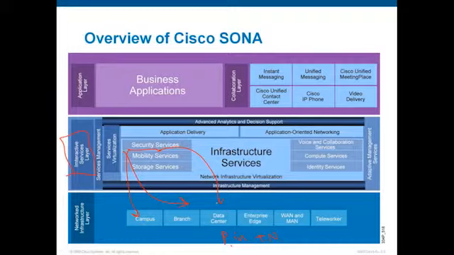Now, of course, we're talking about enterprise networks, and those run business applications. And so our last layer is that of business functions, which decouples the services of the network from the actual functional perspective of it.